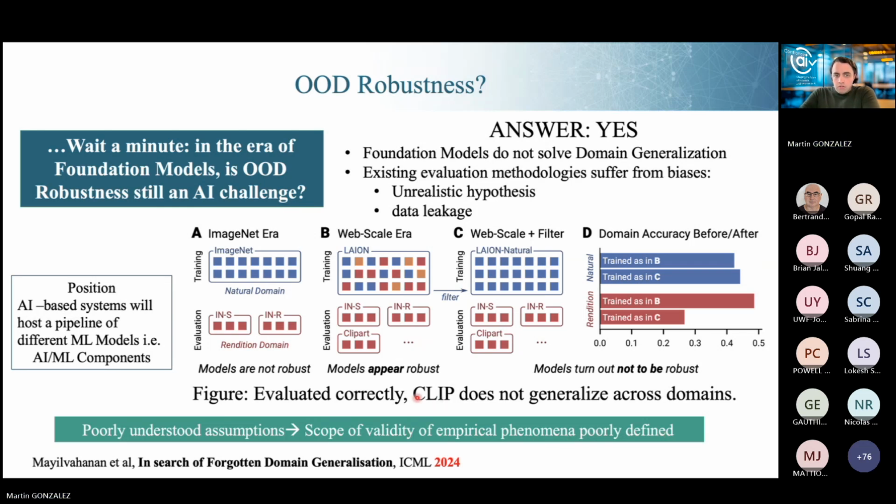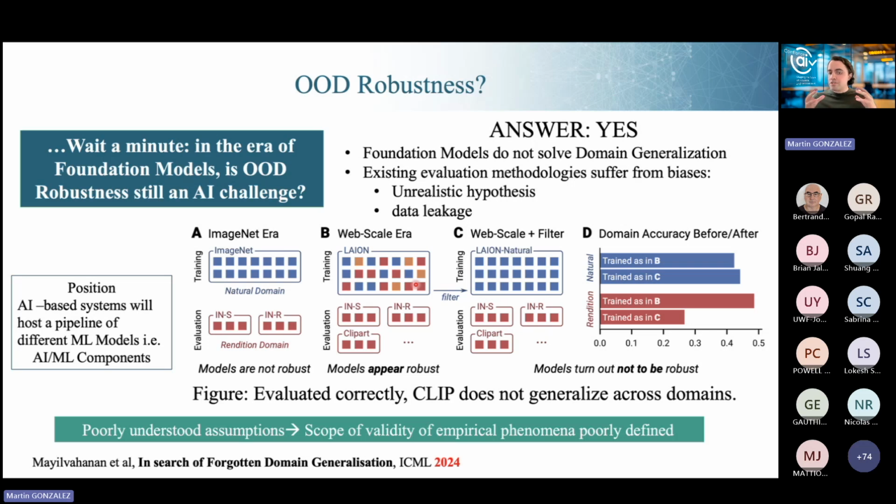Concretely, CLIP appeared to be robust when evaluated on certain OOD evaluation sets, but actually these were already in some sense inside of CLIP's training set, and it took only a little filter to take out all this data leakage to actually realize that whatever domain generalization abilities we thought it had were, as this very popular paper said, a mirage, and actually do not happen.